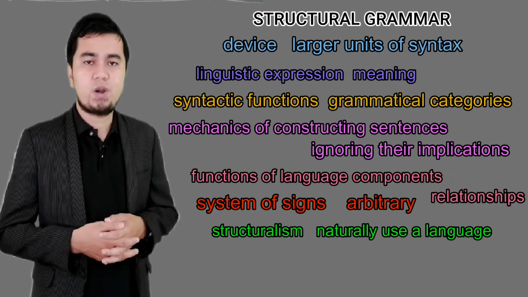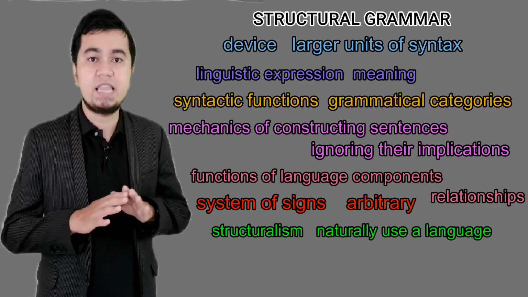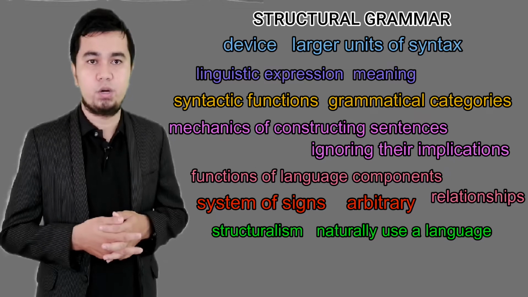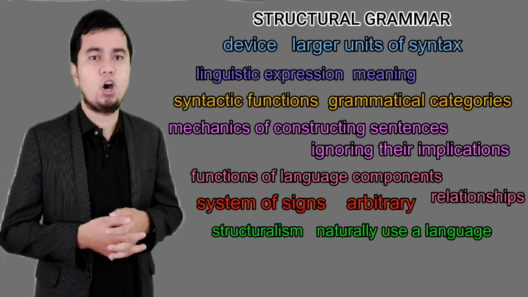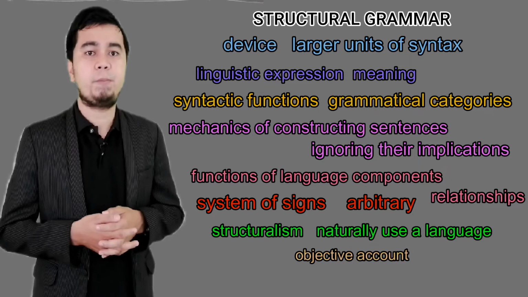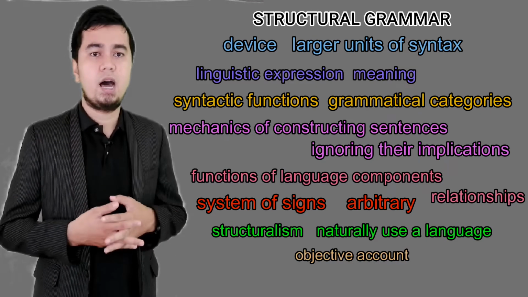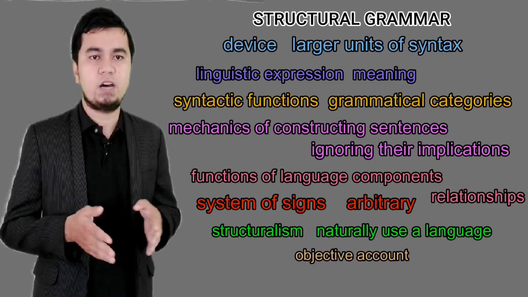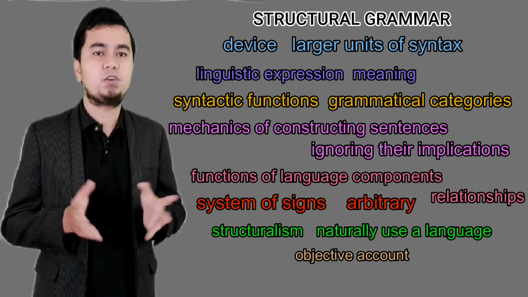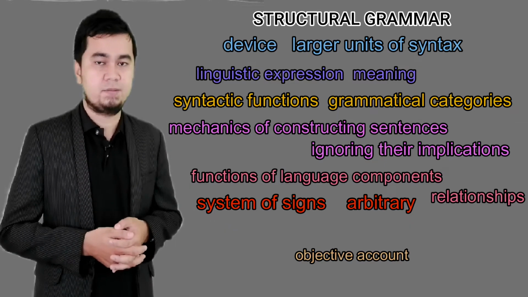It describes the natural use of language without reference to any norms. Structuralists aim to give an objective account of the patterns of a specific language at a particular point in time by describing its features without making subjective right or wrong judgments. So that's the structural grammar.